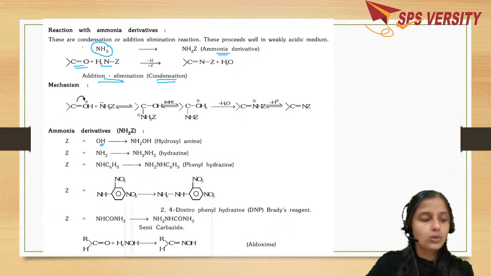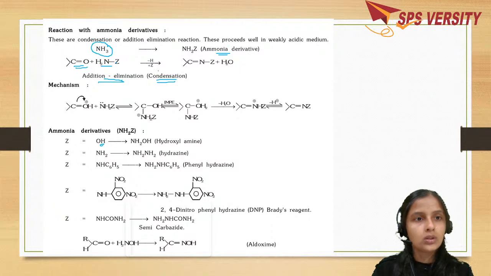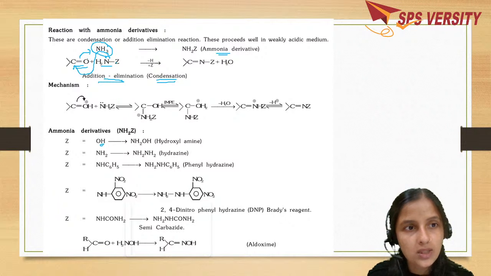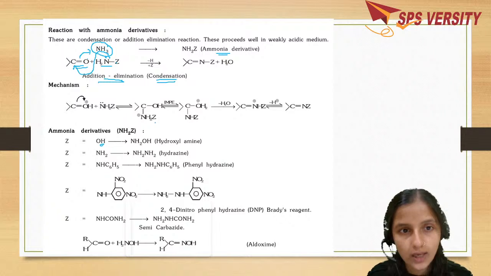Yeah, so I'll move ahead with this one. Now, what is it that you are going to get? How does the mechanism proceed? This has a lone pair of electrons, which comes and attacks over here. This shifts to oxygen, then it takes up a proton, resulting in the formation of OH and NH2Z.